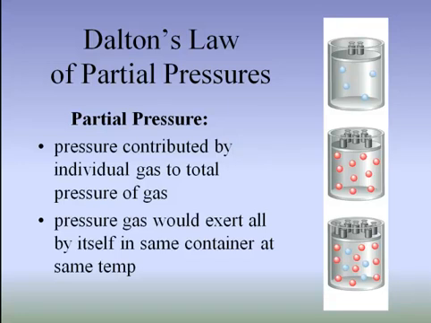It's the same as the pressure that gas would exert all by itself. So when the blue gas is in the container by itself, it exerts 2 units of pressure. When it's in the container with another gas, the blue gas still exerts 2 units of pressure, and it's called its partial pressure because there's something else in the container.